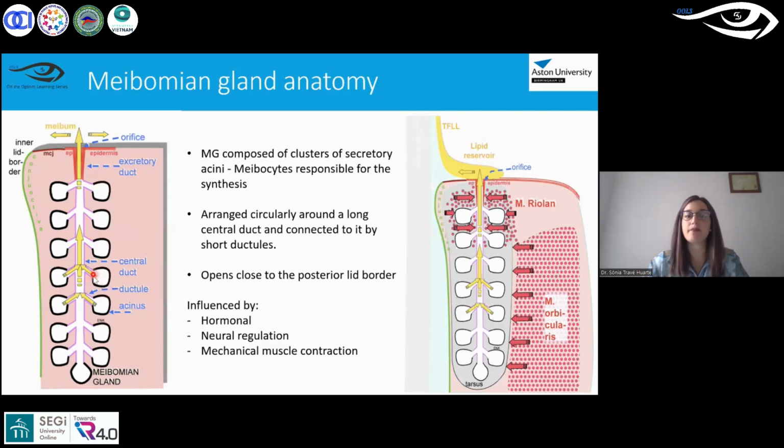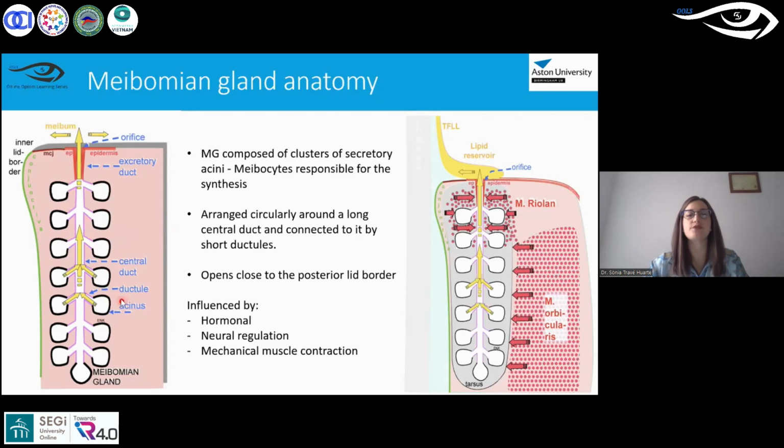So the meibum is created in those little acini, and then through those small ductules, it's brought into the main duct. And then it gets expressed going all the way out through the opening of the Meibomian gland, and is spread around the lid and onto the tear film itself.